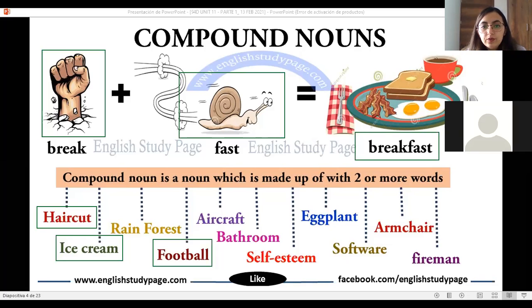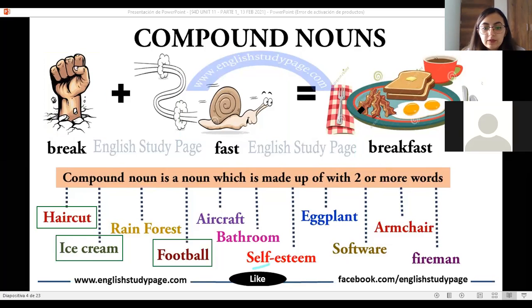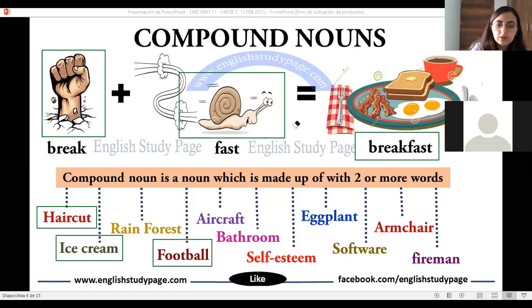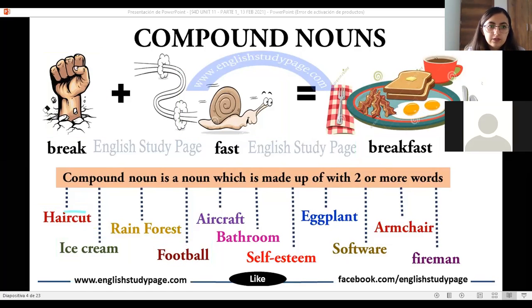Let's see how good you are with these compound nouns. We're going to solve a small exercise just to see how you deal with this, okay? Just let me erase these charts and we will start making some exercises right now.